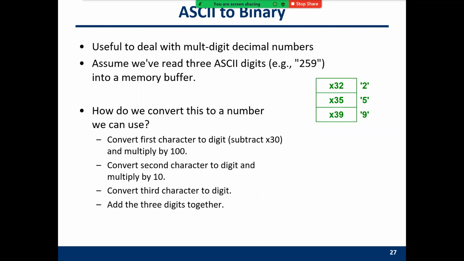And then we need to convert this number to the binary of 9. And then sum these three components together. So in this way, we can convert three ASCII data here into a binary form of this number.